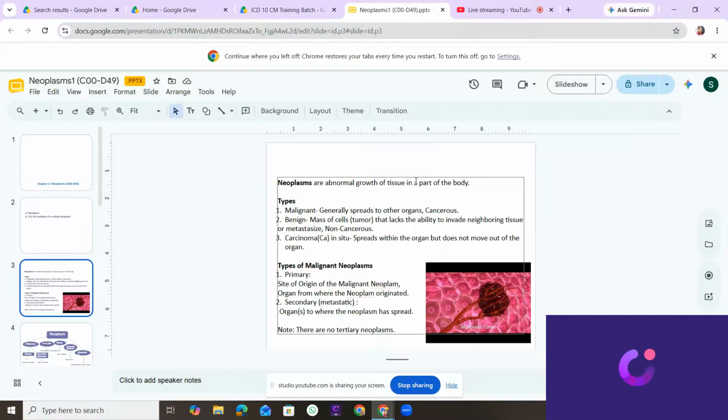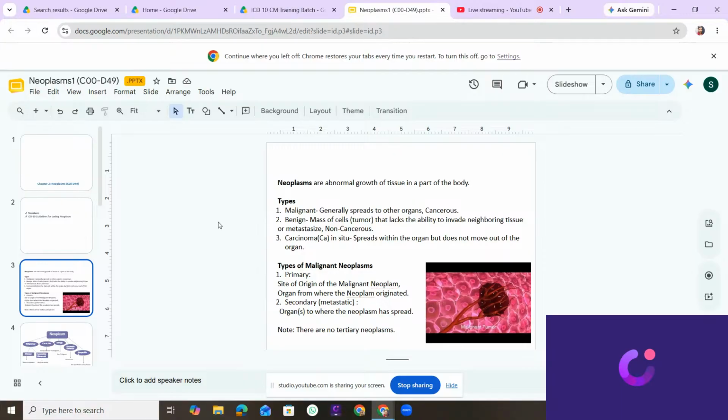First, you need to focus on malignant, which generally spreads to other organs, or is cancerous. The second type is benign, a mass of cell tumors that lacks the ability to invade neighboring tissues or metastasize, a non-cancerous one.